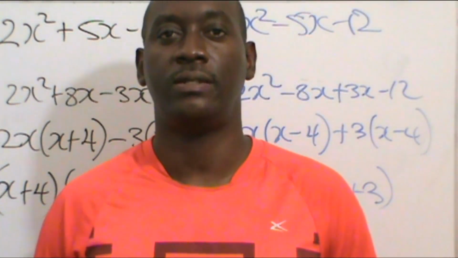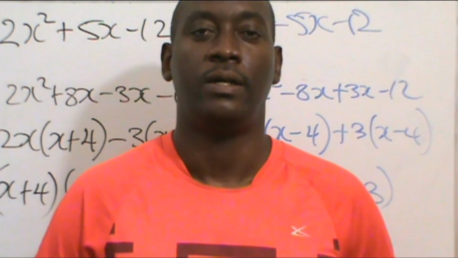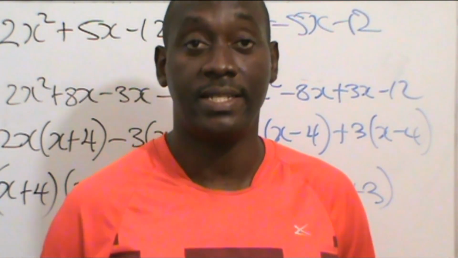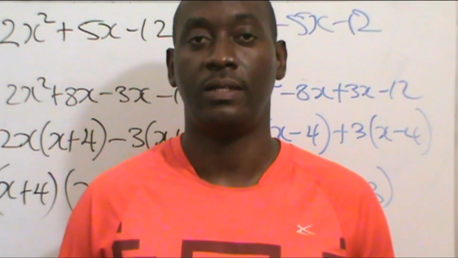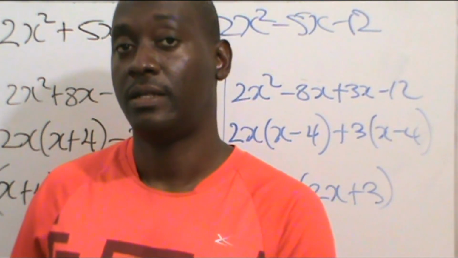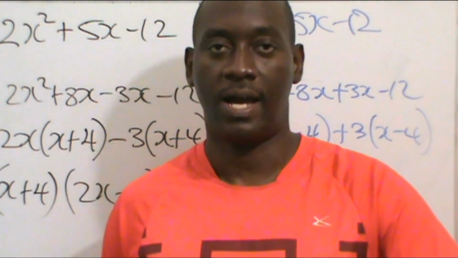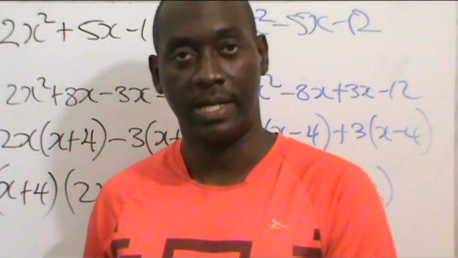Alright? So, looking at these two side by side, and having, as you do, the opportunity to rewind the video at your own leisure and at your own pleasure, I want you to understand the difference between minus 24 as 8 by minus 3 and minus 24 as minus 8 by 3.